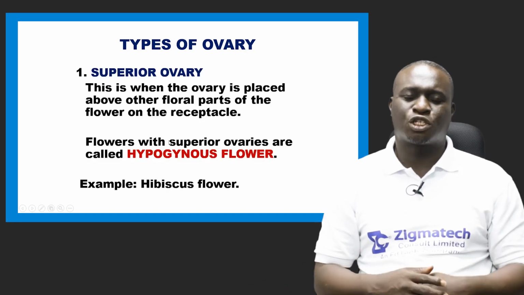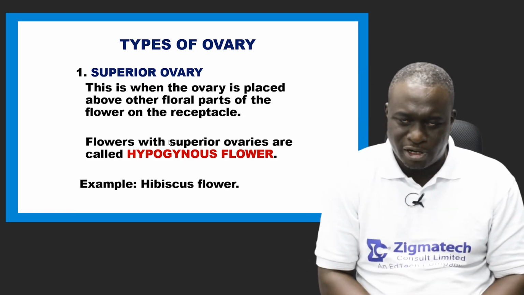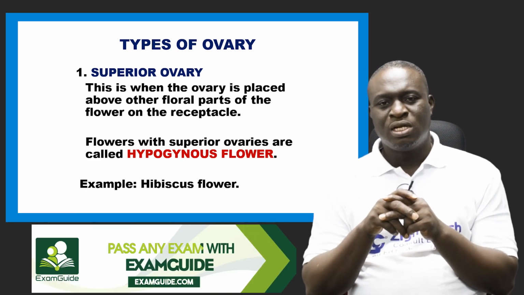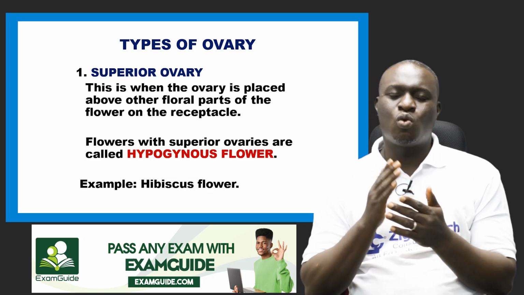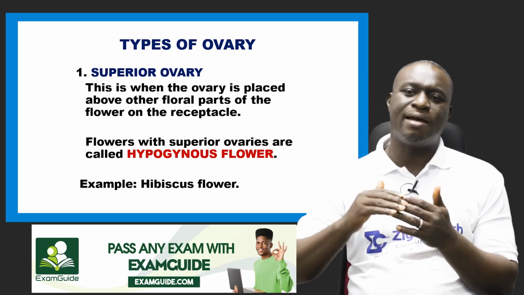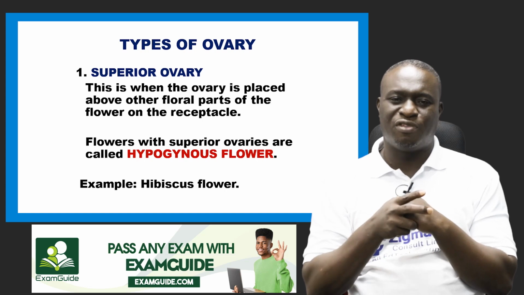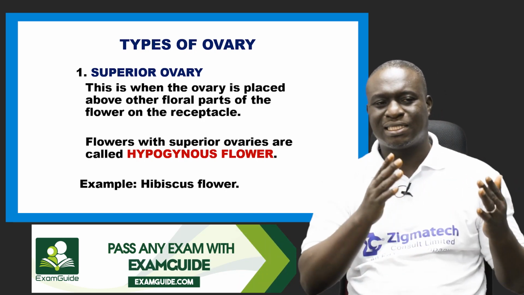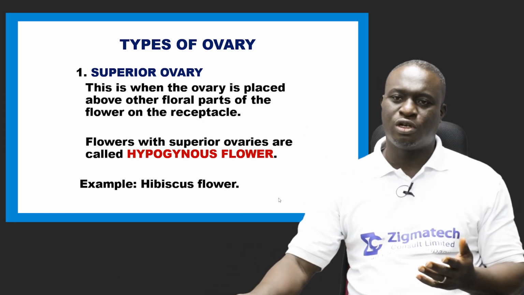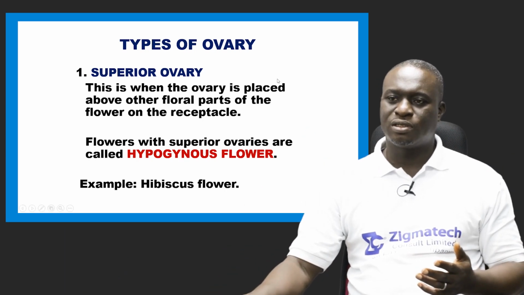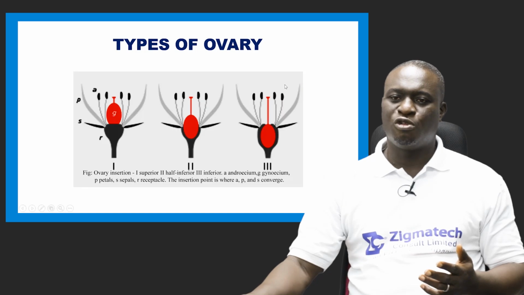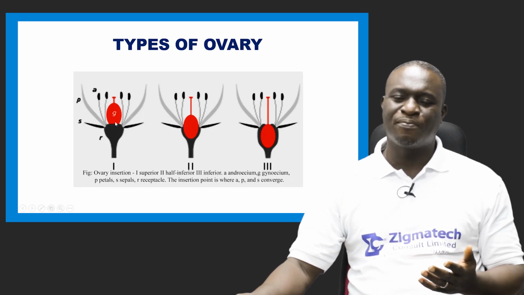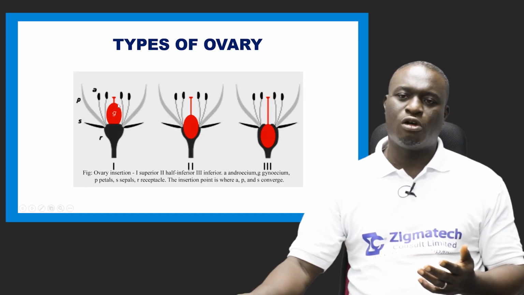The first one is called the superior ovary. The superior ovary is when the ovary is placed above other floral parts of the flower, as we saw when we were looking at the picture concerning the types of ovaries. Like you can see on the screen here, this is the superior ovary.